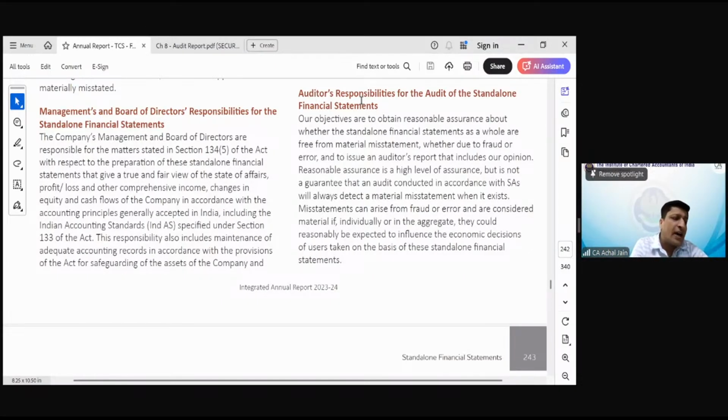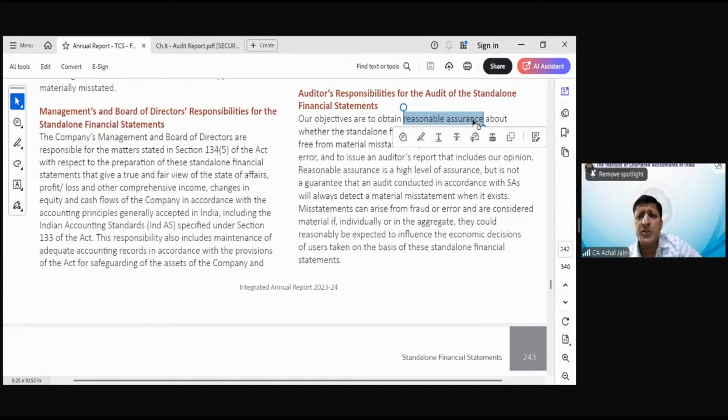It says that our objectives are to obtain reasonable assurance. Now, can somebody explain the meaning of reasonable assurance? In the audit objective, this discussion is already there. Can somebody explain what is the meaning of reasonable assurance?